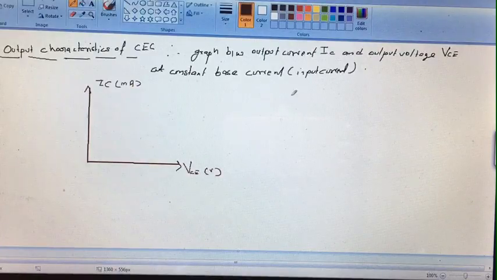Now when IB is kept 0, IB is equal to 0 microampere, in that case, our graph will be like this.